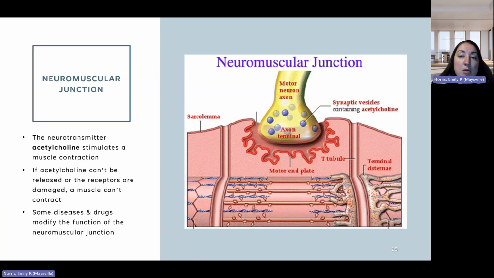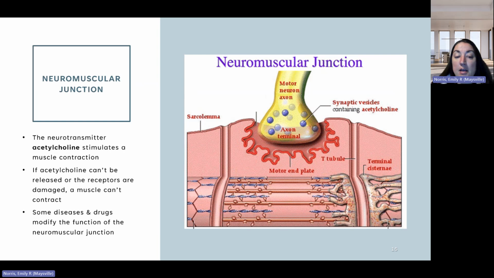All right, at the neuromuscular junction, remember that is where the neuron touches the muscle to create a muscle contraction. The neurotransmitter that is used there is acetylcholine. Acetylcholine stimulates a muscle contraction. If it can't be released or the receptors for acetylcholine are damaged, then the muscle can't contract.